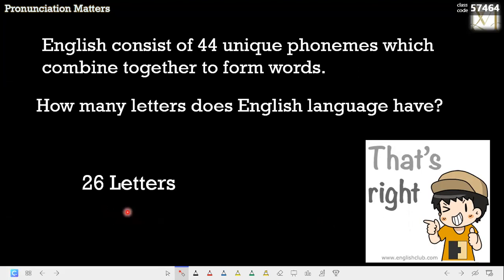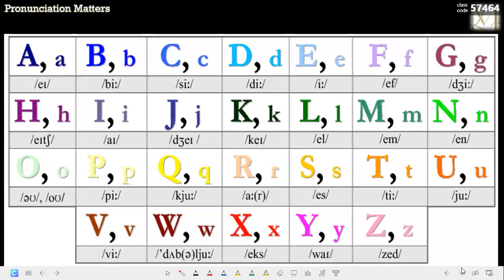Only 26. So there is a discrepancy between the number of letters and the number of sounds. How could this be justified and explained? That's what we are going to see right now.